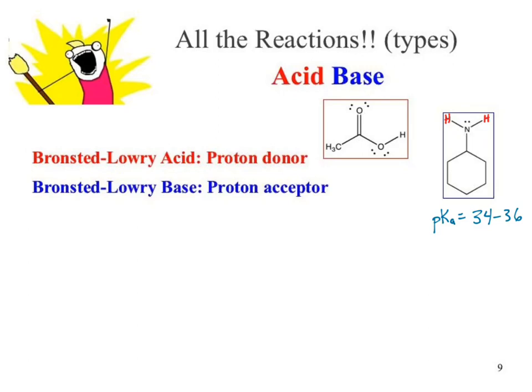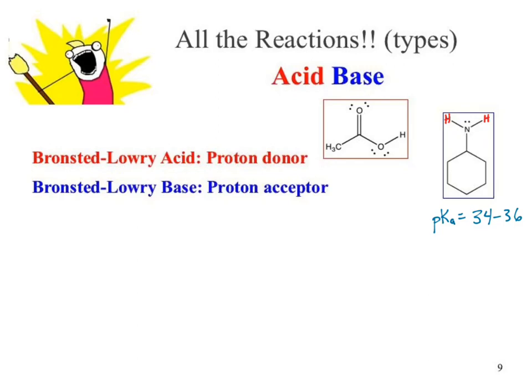The pKa for the protonated amine is 9. So if I put a hydrogen on there, then it would be acidic, because I have a charged nitrogen and I want to become uncharged. Since I don't have that extra hydrogen, I'm talking about the red hydrogens there, to remove those, I'm looking at a pKa of about 34 or 36.